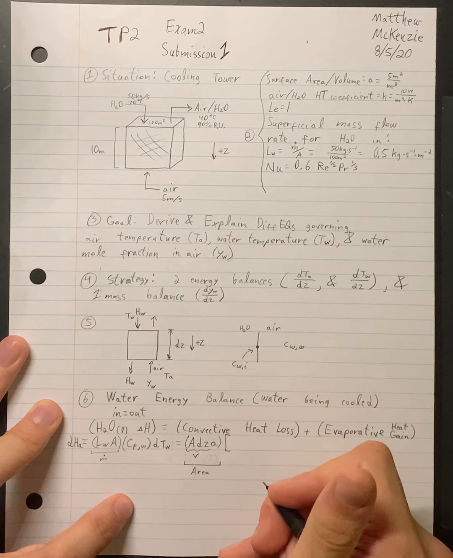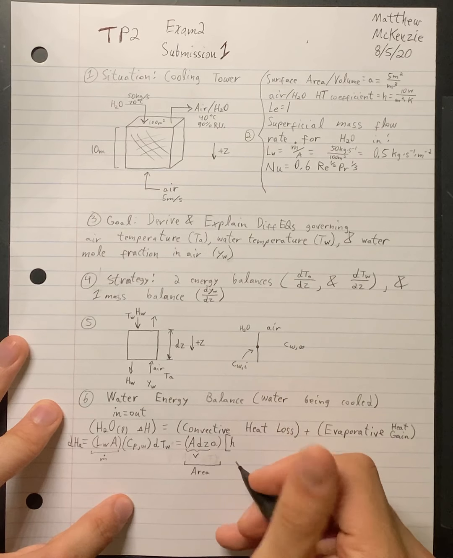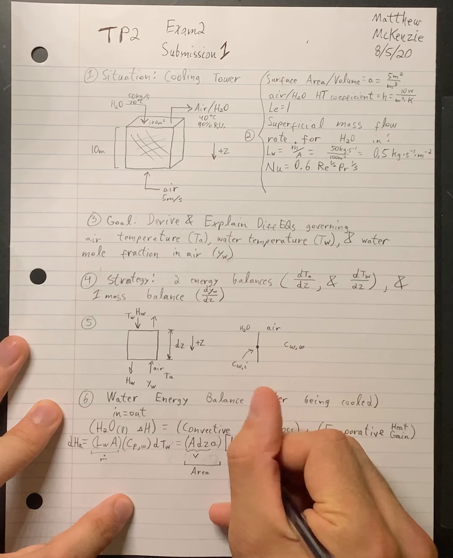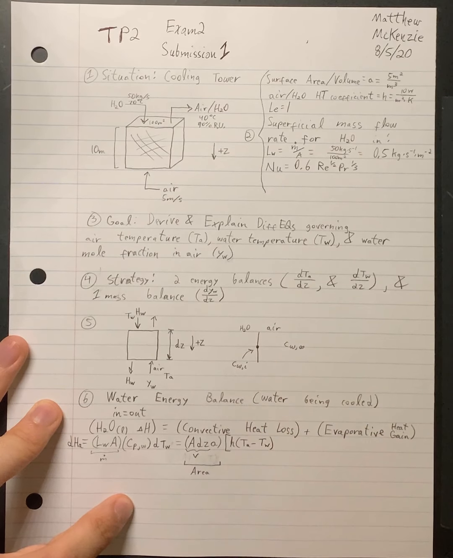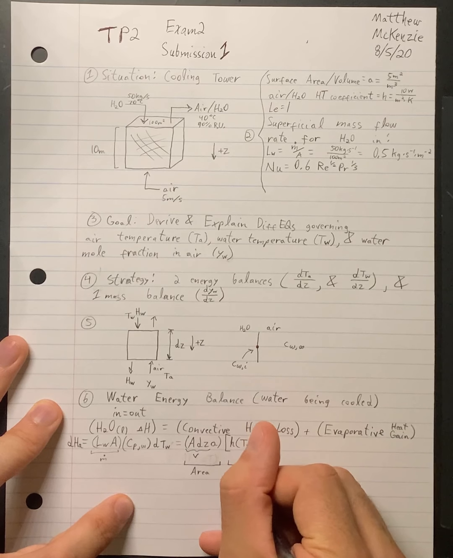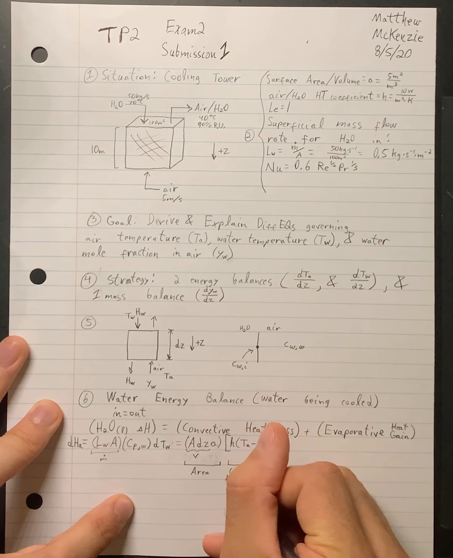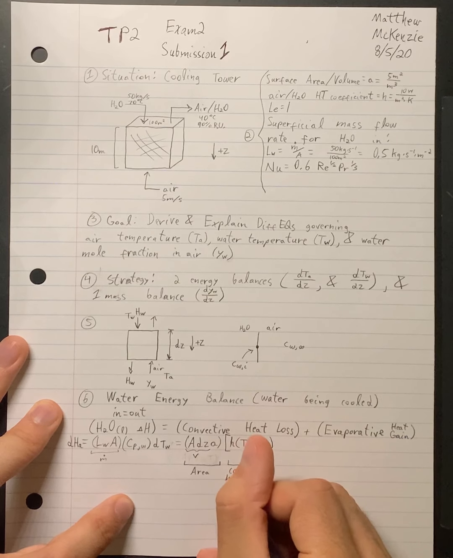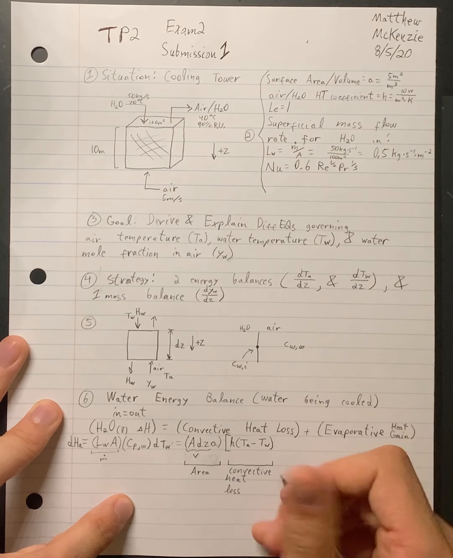So the first component we've got is convective heat loss, which is a gain, so therefore that's going to be positive. We've got H times the temperature of air minus the temperature of water. Now this component here is convective heat loss. So the water, as it flows down the tower, is losing energy.